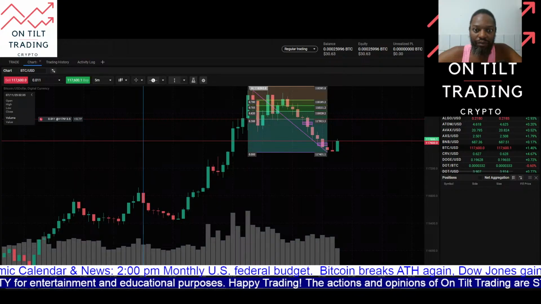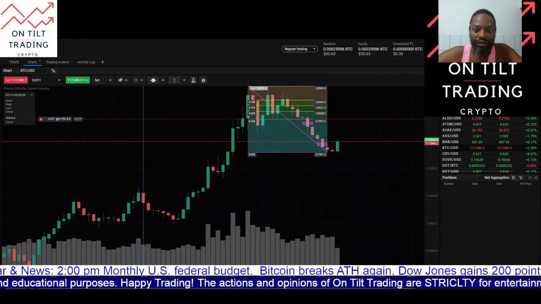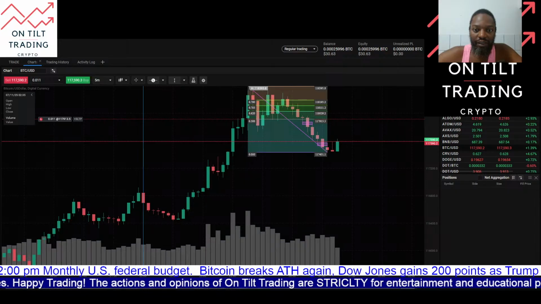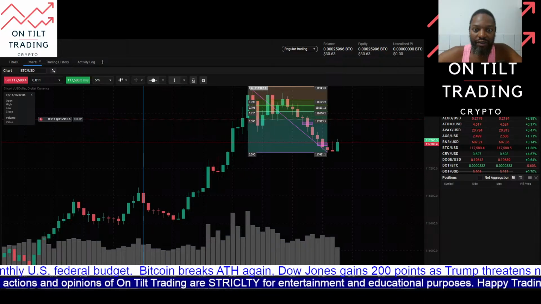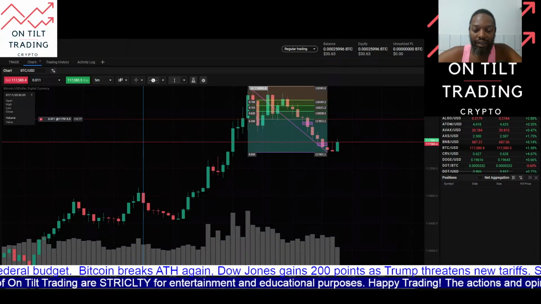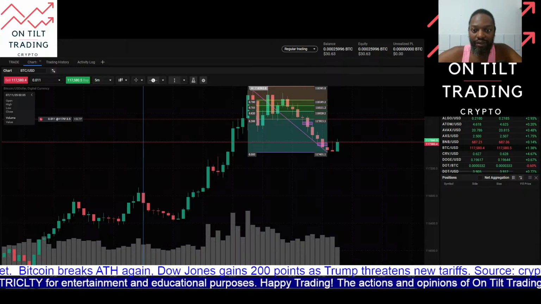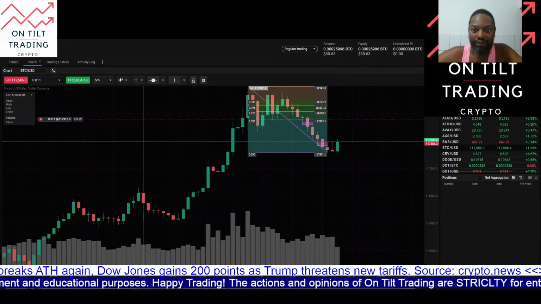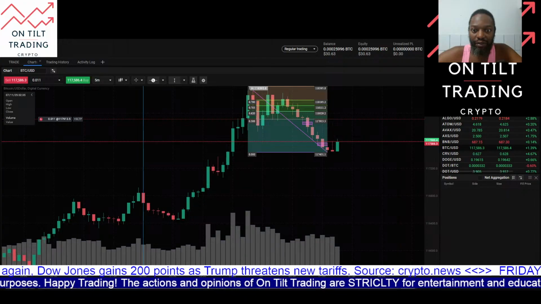We can see Bitcoin price was delivered to the sell side, consolidating here, back to the buy side, sell side, buy side, and now we're getting this sell side displacement. Fair value gap here, fair value gap here.